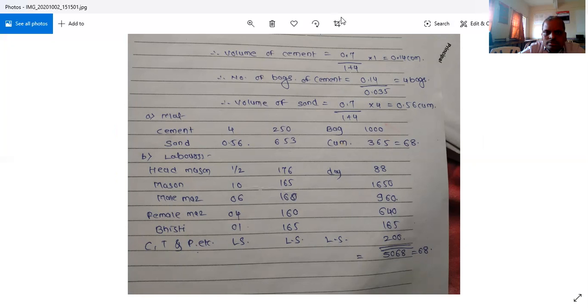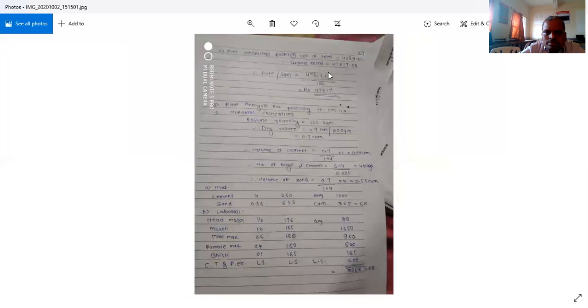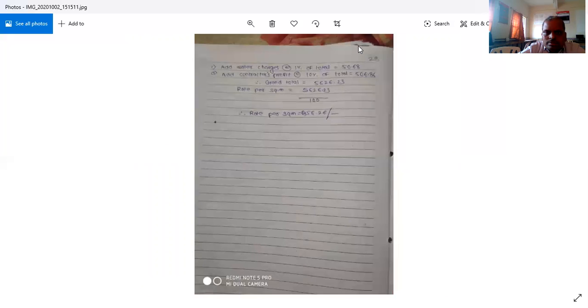In this manner, we have to prepare the rate analysis for our pointing. And at last, the water charges at the rate 1%, that is 50 rupees 68 paisa. Add contractor's profit as 10%, that is 506.86. So the grand total will be 5626.23.